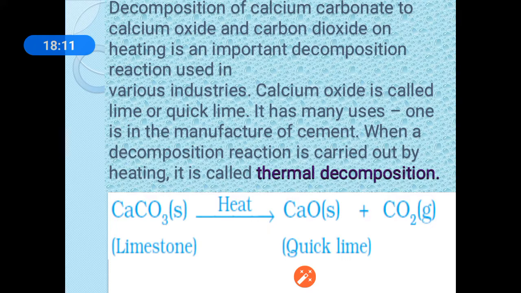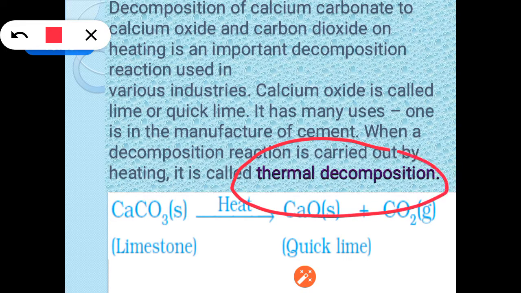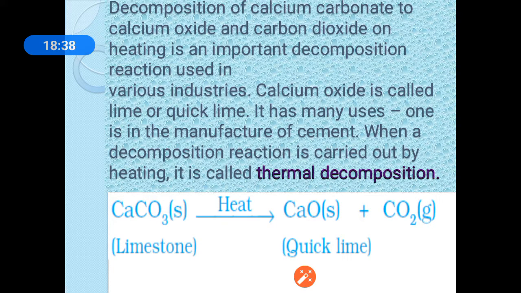And you see here the reaction is carried out in the presence of heat. So this type of reaction is known as a thermal decomposition reaction, meaning the reaction which is carried out in the presence of heat. Thermal means heat.